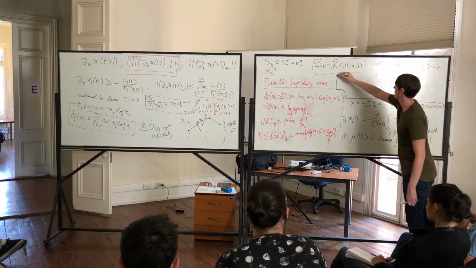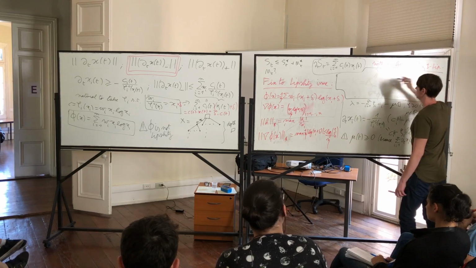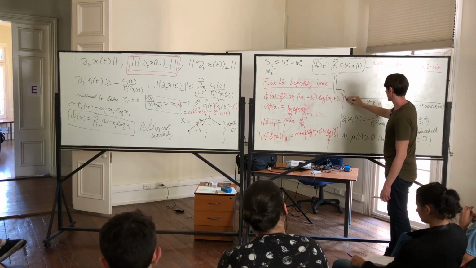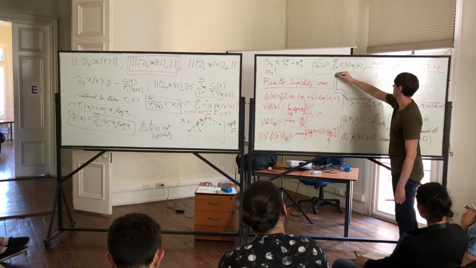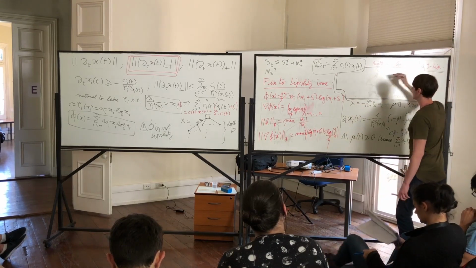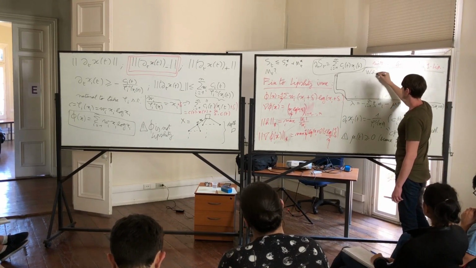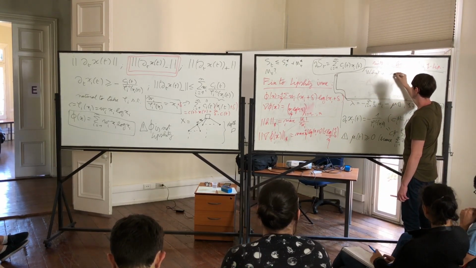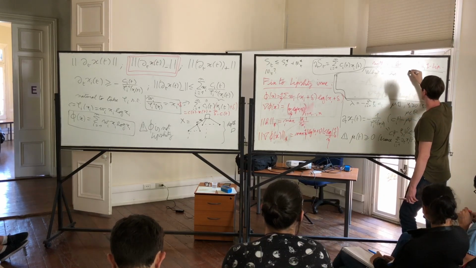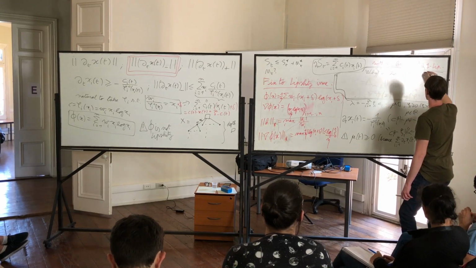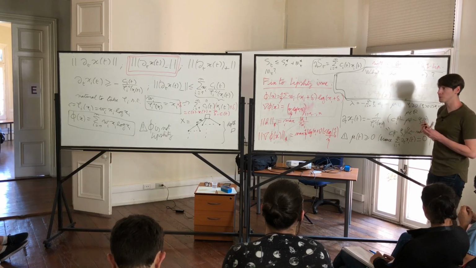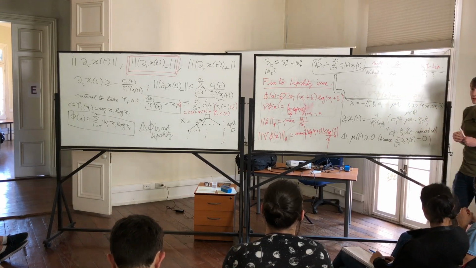So I want to try to conclude. What is this delta times c_t? This is some extra movement that is being introduced.